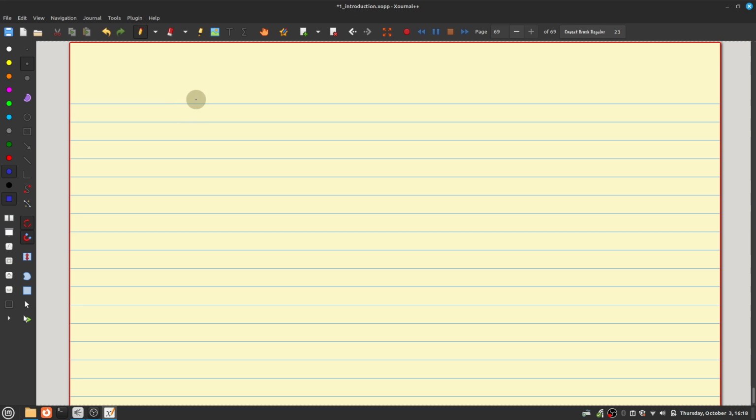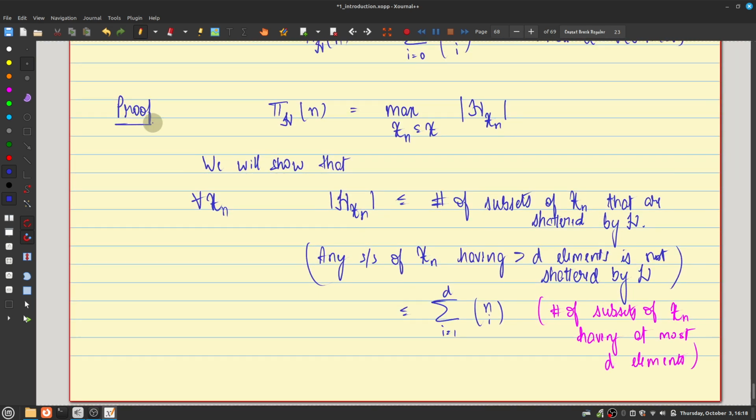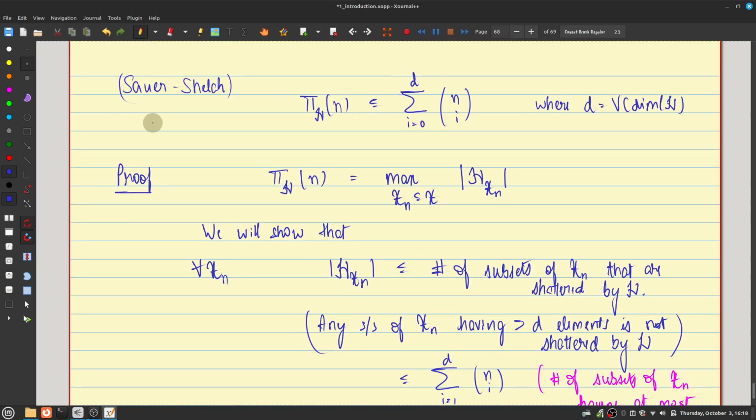So the proof is essentially via induction, right? We've seen that if n is less than or equal to D, then this bound kind of holds, right? But in any way, let's start with n equal to 1.